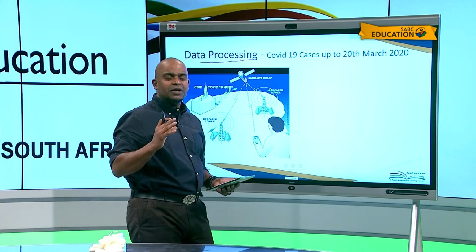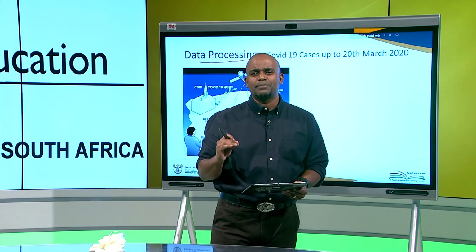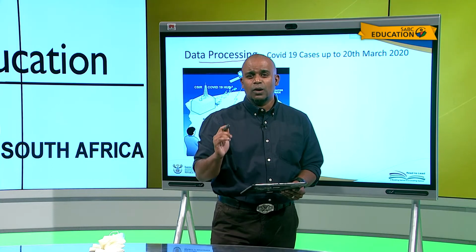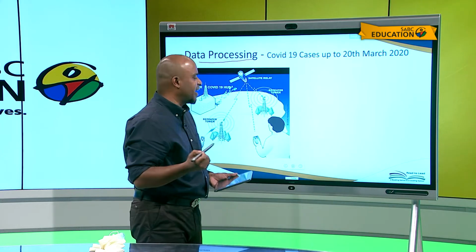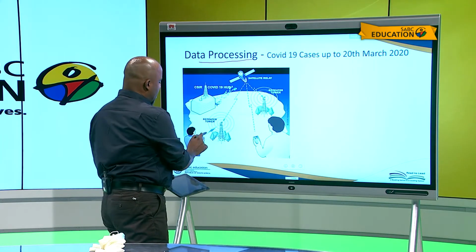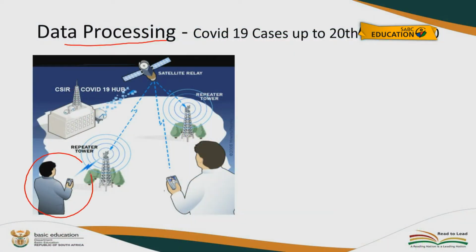Now, the information that we've got is up to the 20th of March. Now, I want you to focus onto this diagram. So, we have in this diagram our medical officers who are capturing all that relevant information, all the information about the way in which people in this country, South Africans, are behaving during this lockdown.